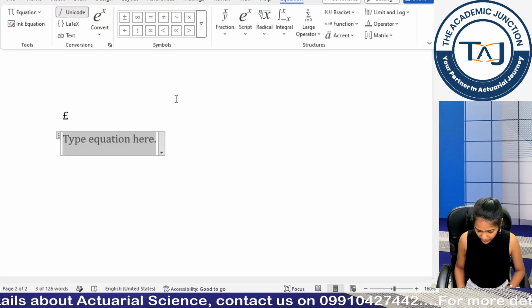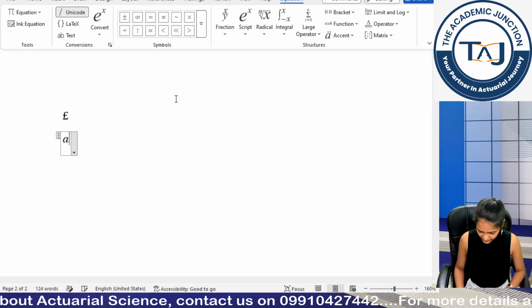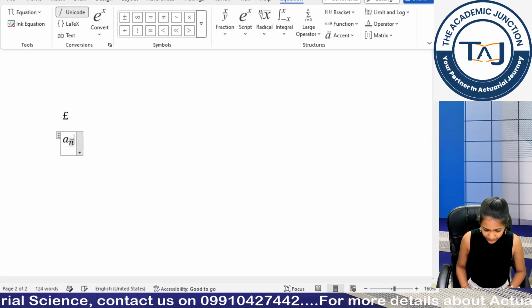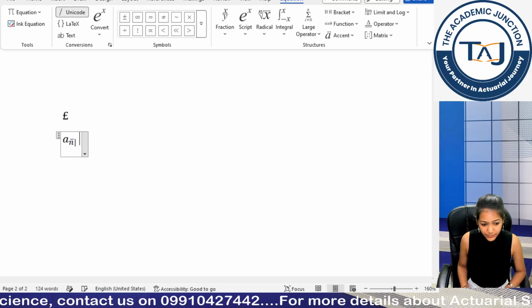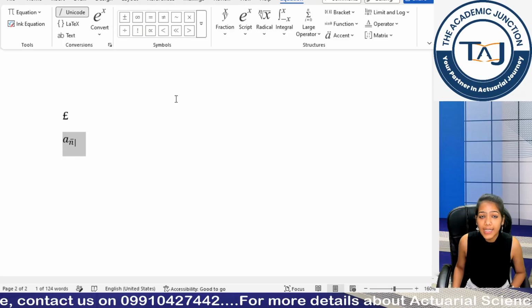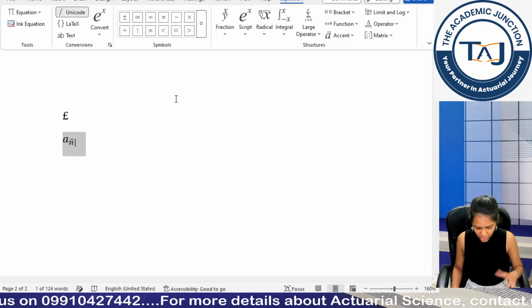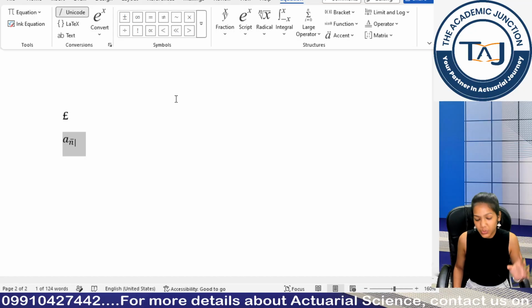Similarly, if I want to use, for example, this sign, I want to save this as AN. This is a series function, and we will be learning how I type this as well.